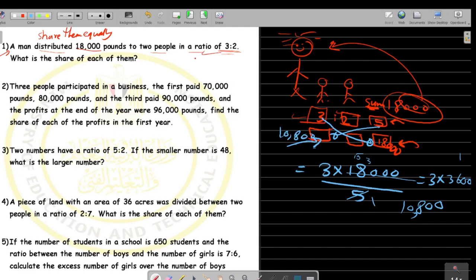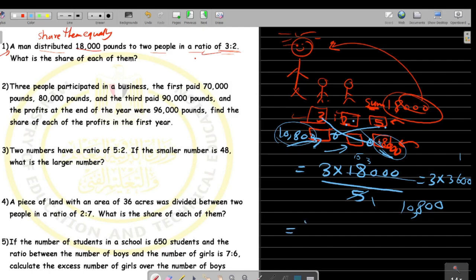To know the second ratio or the second share, you can do two things. You can do 2 times 18,000 divided by 5, or you can subtract 18,000 minus 10,800.